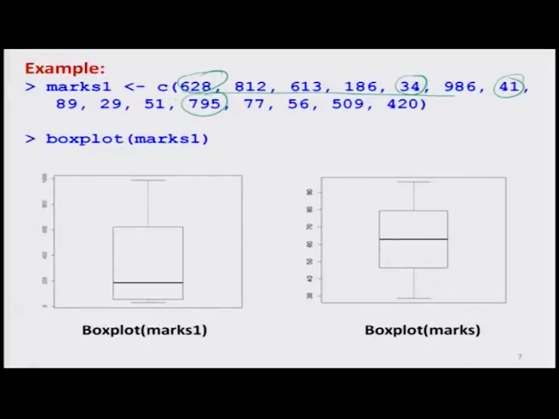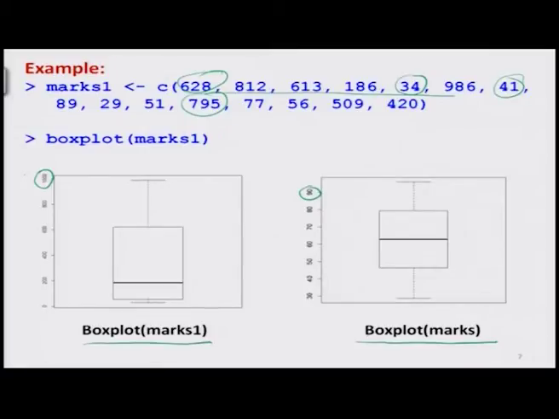So now I want to compare these two data sets. I try to first make the box plot of marks1, which is given here, and then I also paste the box plot of the marks vector, and now you can see I can compare. Here you can see this value is 90, whereas here this value is 1000.